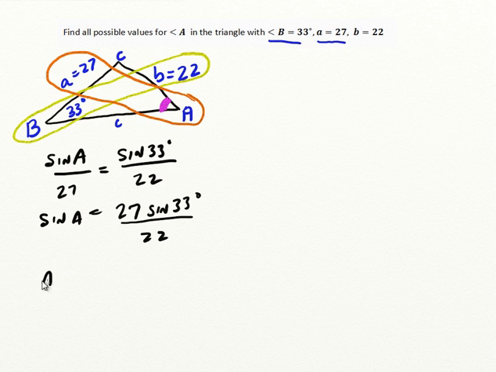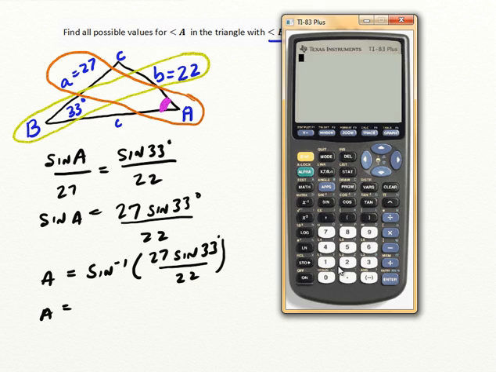For angle A, I'm just going to do a little bit of calculator work here, and it is going to be the inverse sine of this right side. I'm going to do it all at once to get the answer for A. Okay, so here's our calculator, and we'll go ahead and evaluate this.